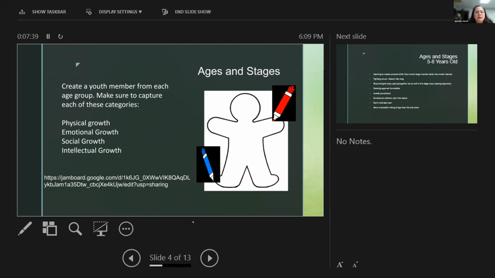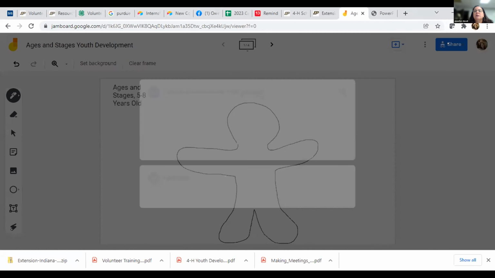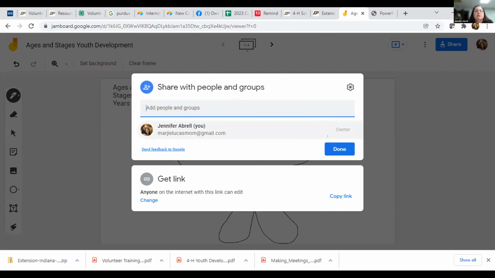So what I want to do first, I'm going to stop sharing this part and try to share my Jamboard. Okay, so if you click on that link, oh, hang on, because I am going to just copy the link right now and put it in the chat box for you.